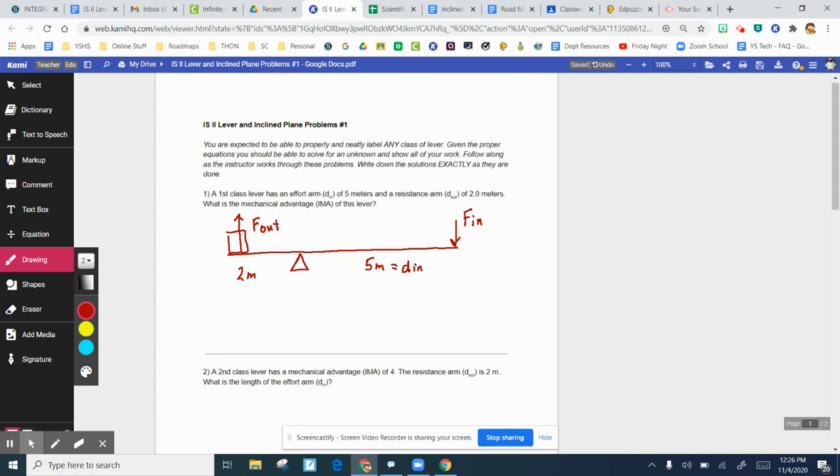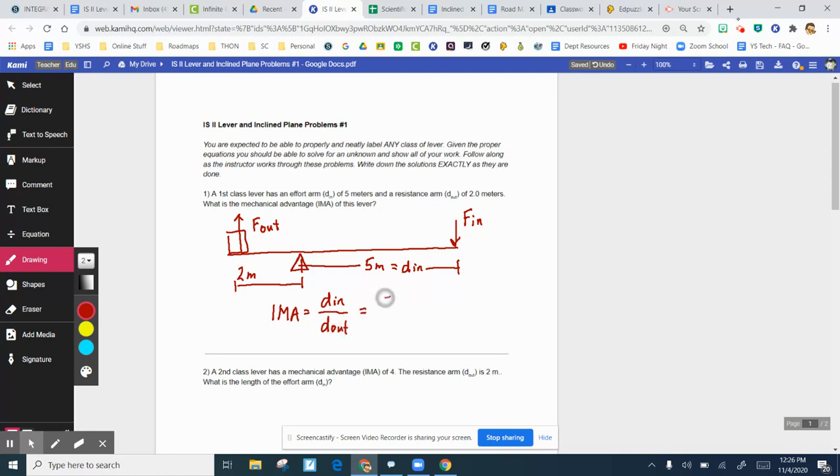And just a reminder, the distance in is measured always from the fulcrum to where I apply the force. And the distance out is measured from the fulcrum to where the load is located. So those are my two lever arms. And the equation for ideal mechanical advantage of a lever is equal to the distance in divided by the distance out.